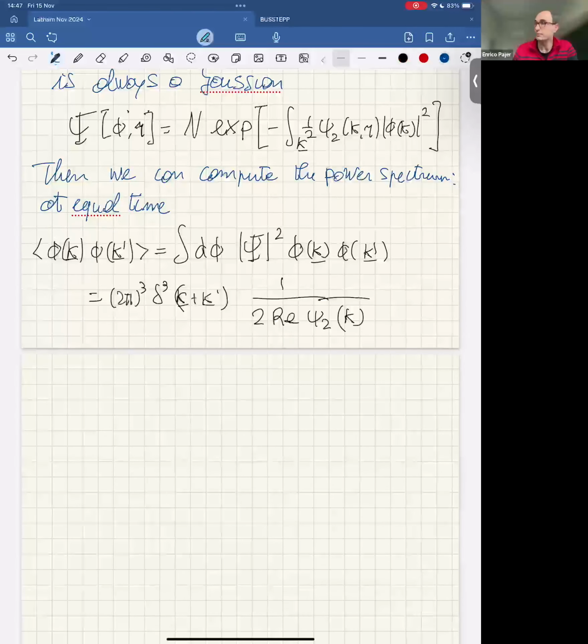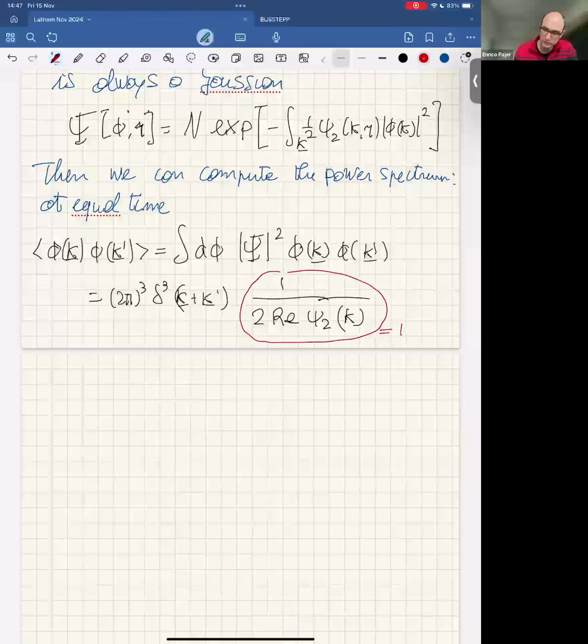Okay. So that's the power spectrum. I haven't computed it explicitly because I didn't tell you what psi2 is. So this thing is what we were calling the power spectrum. In a second, I will compute psi2 for you, and then you will see that it gives us the same result as the power spectrum that we computed.